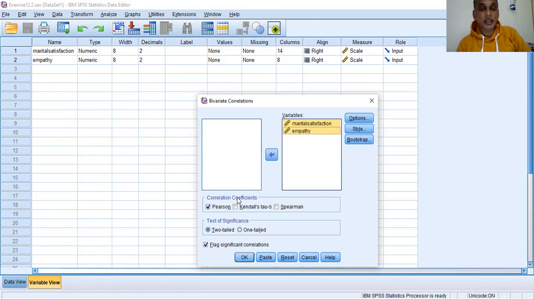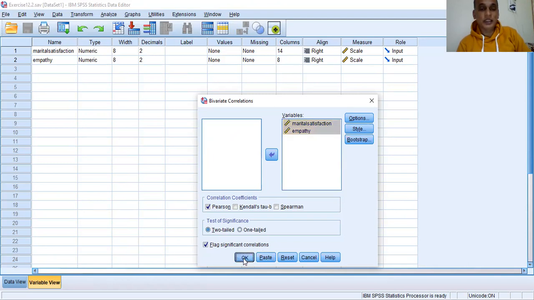By default, Pearson correlation is selected here, so we'll go with that. And the test of significance definitely has to be two-tailed, because for the alternate hypothesis we are saying rho is not equal to 0. So the two variables, in case they are related, can either be negatively related, or inversely related, or positively related. That's the case here.